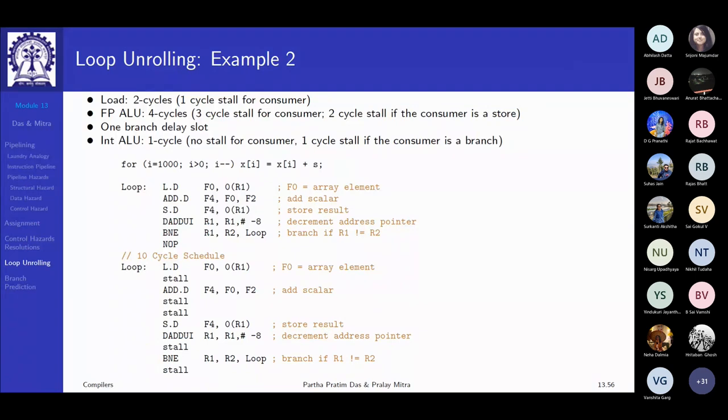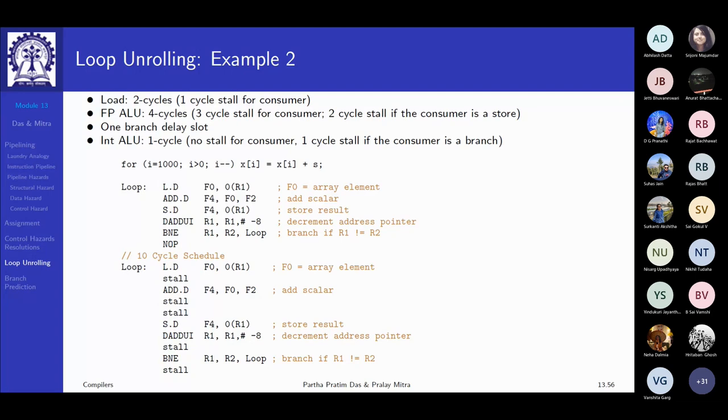I'm on slide 56. This is another example where the loop that we are considering is a no dependency loop. It has no dependency, like the first example that we had shown.